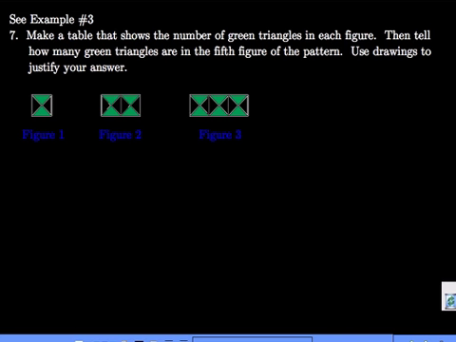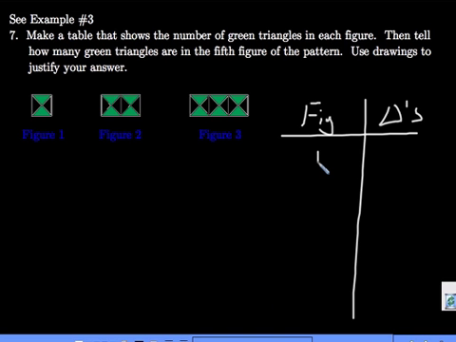Now for 7, we would see example 3. We're supposed to make a table that shows the number of green triangles in each figure, then tell how many green triangles are in the 5th figure of the pattern. Use drawings to justify your answer. In my first figure, so let's put figure and then triangles.